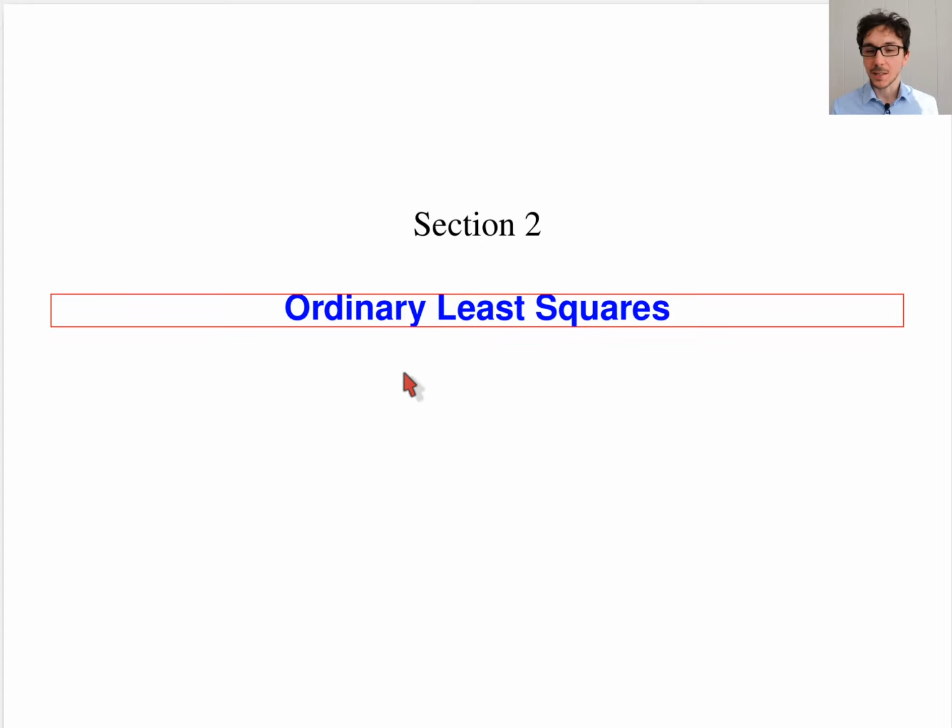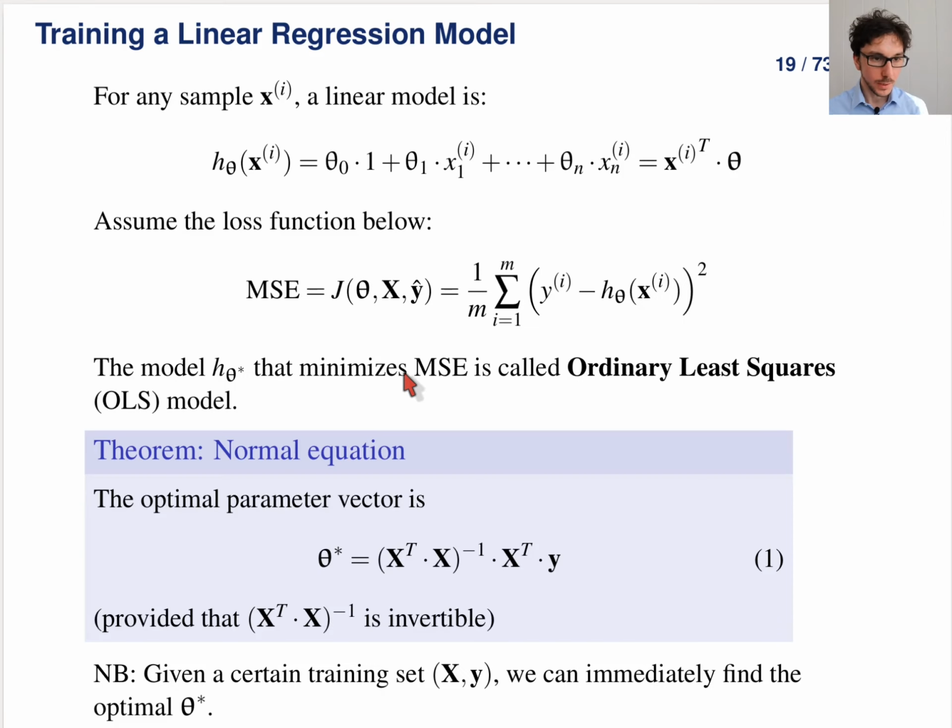Ordinary least squares is a way of training a linear model in a very efficient and simple way. We already know what a linear model is. In ordinary least squares, we choose the mean square error as our loss function.